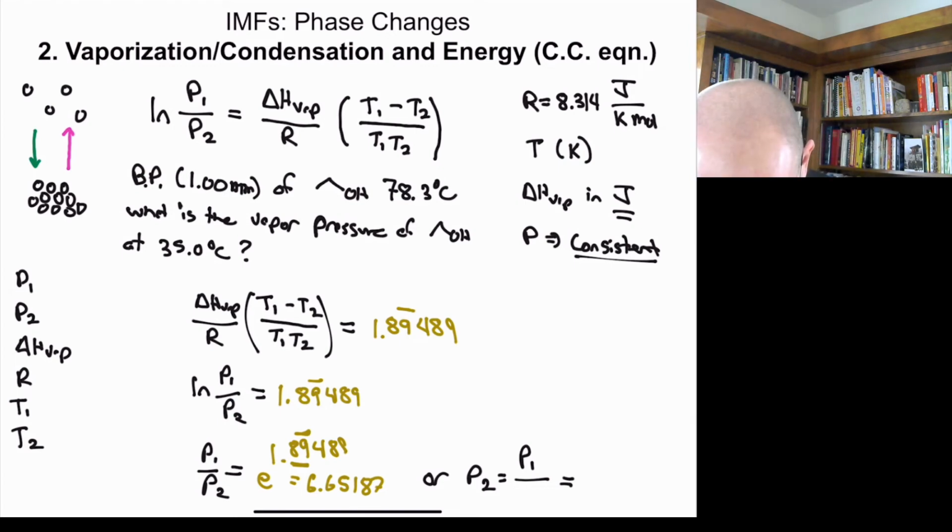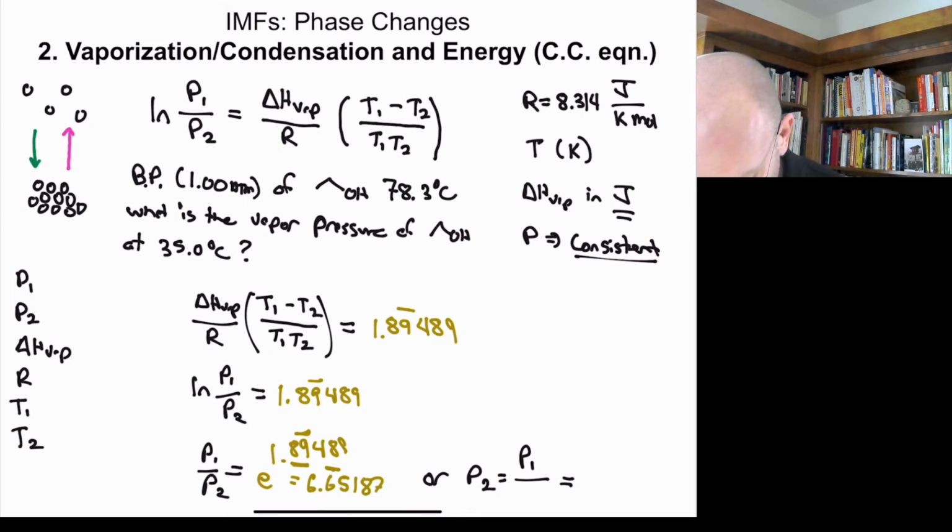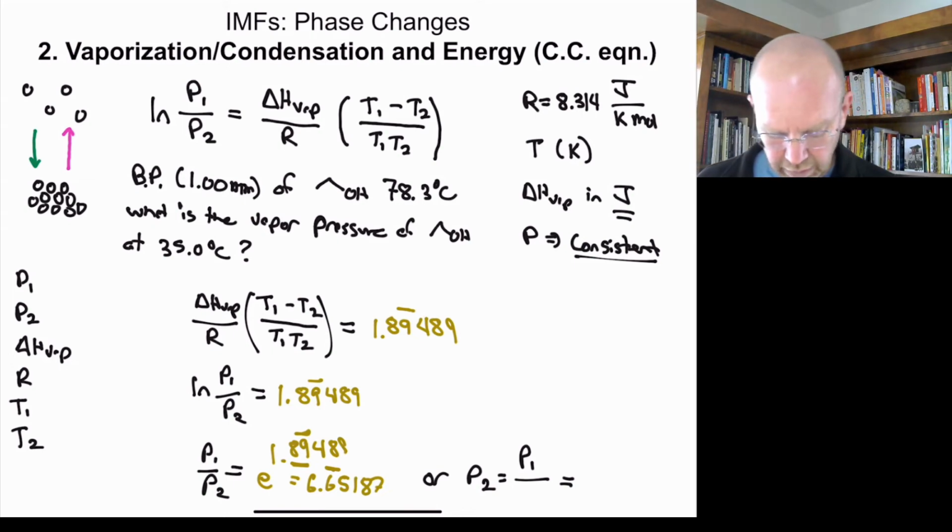And 2 sig figs would put the last significant digit right there on the resulting number. Now we're going to carry through all the significant digits, so you can save that number in your calculator if you want, and then we'll round at the very end of the problem to the correct number of sig figs. What we're after is the pressure 2, the pressure at this lower temperature.